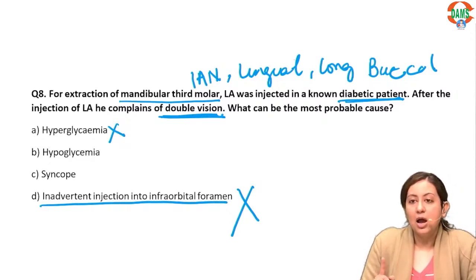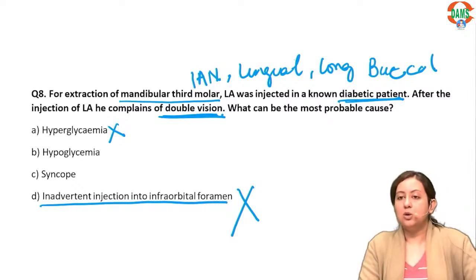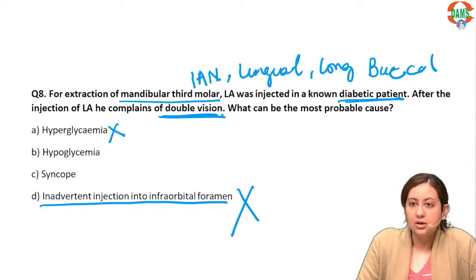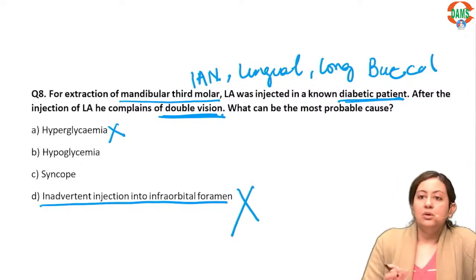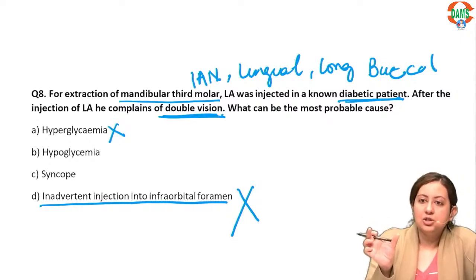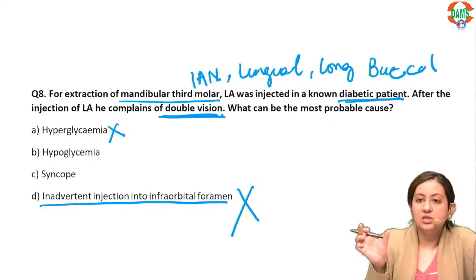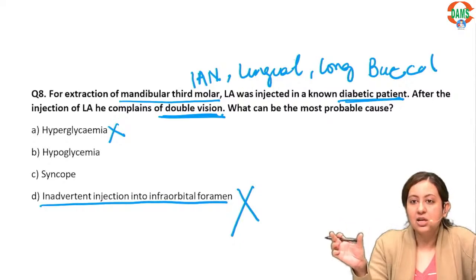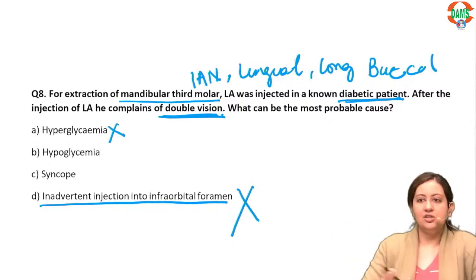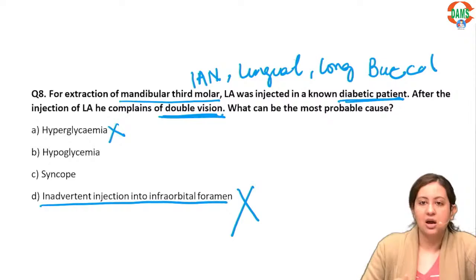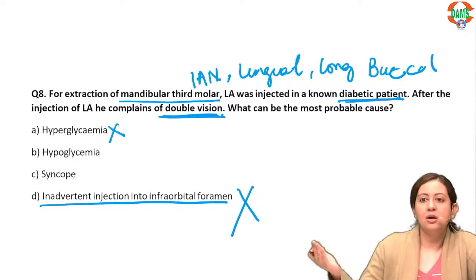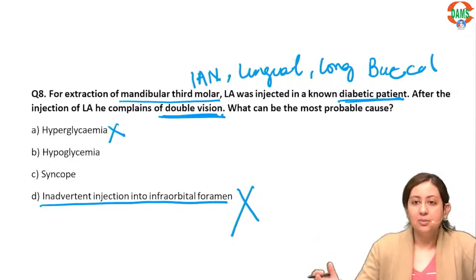Now you're left with two close options: option B, hypoglycemia, and option C, syncope. For a diabetic patient, to say that the patient has syncope is a very general statement. Syncope anyone can have on the dental chair: a non-diabetic patient, a diabetic patient, a healthy patient, a child, an adult, a pregnant female.